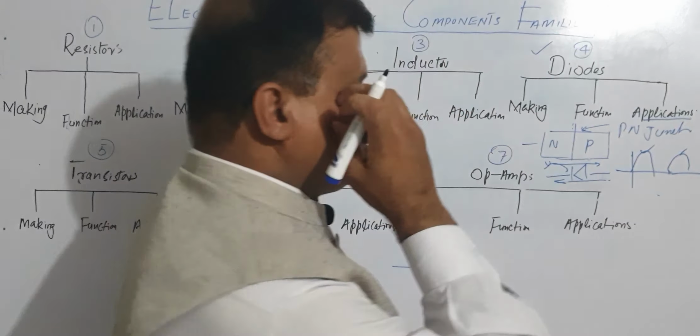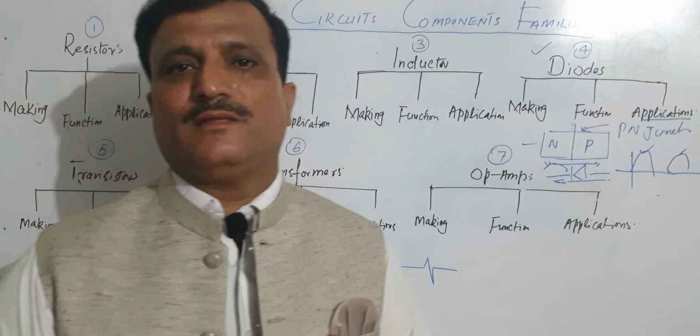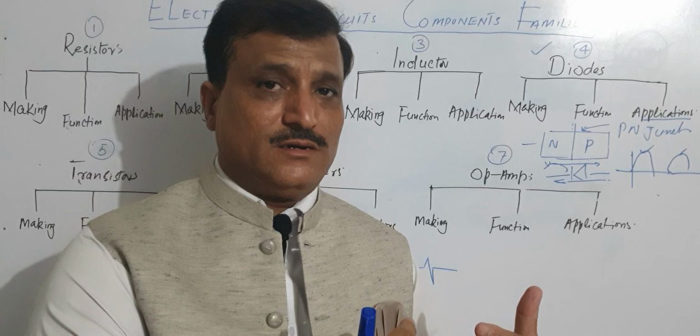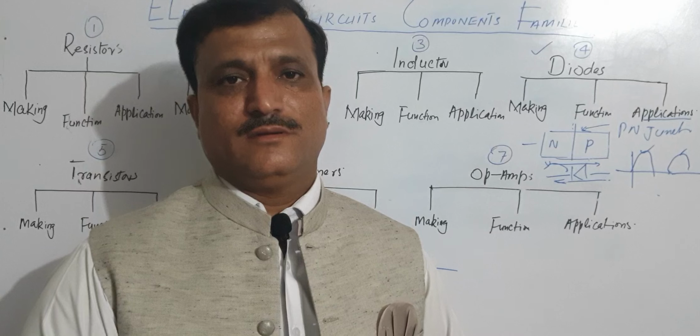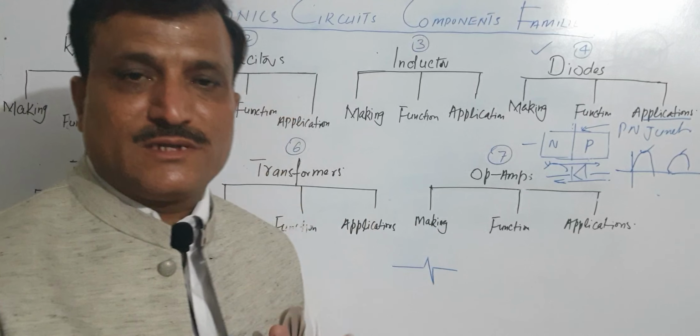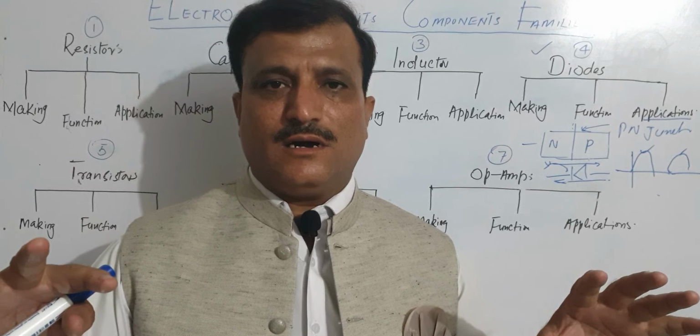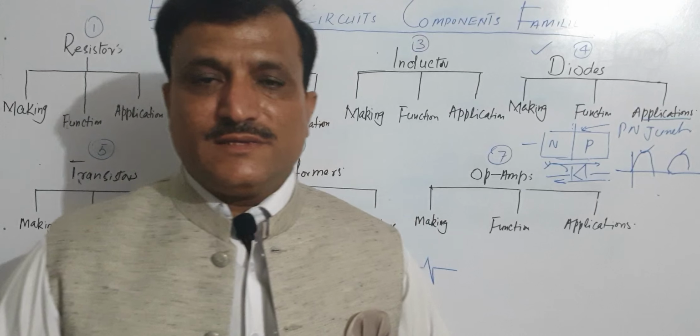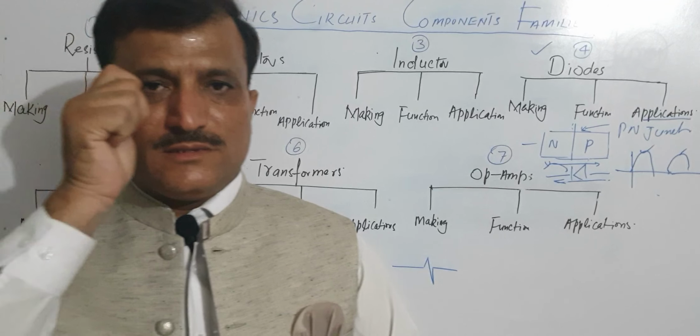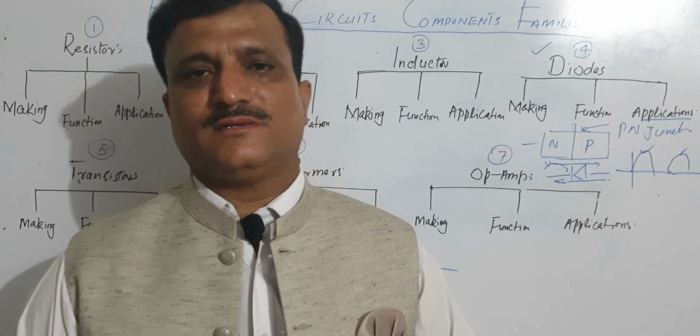In other words, we normally use a diode in rectifier circuits, because rectification is the process of converting the alternating current or AC current into a DC current. As I told you in my previous lecture, electrical signals are by and large AC signals, whereas electronic signals are DC signals.